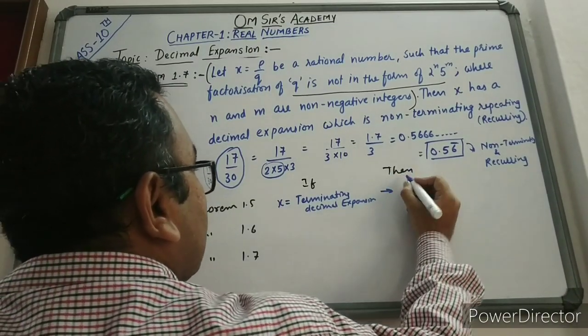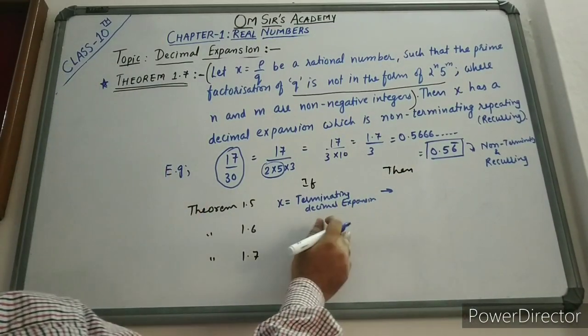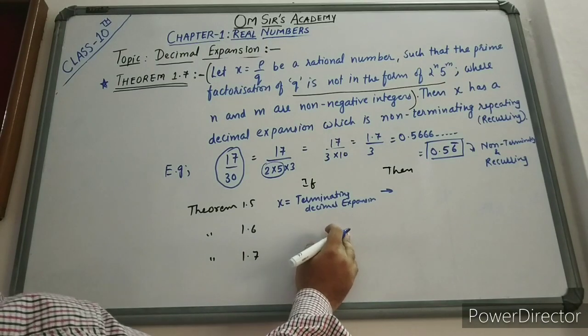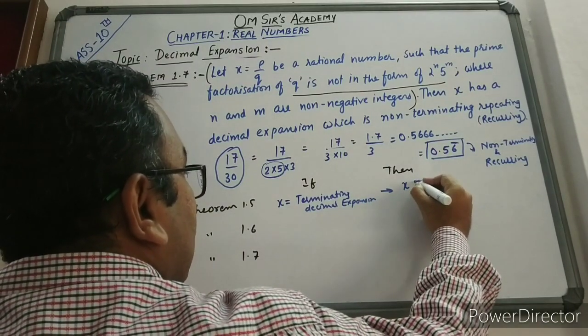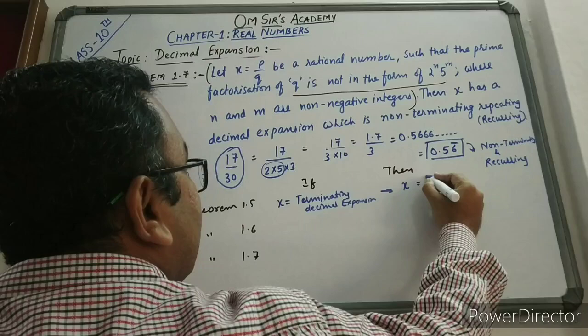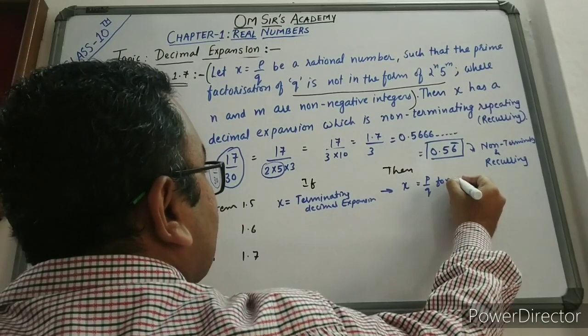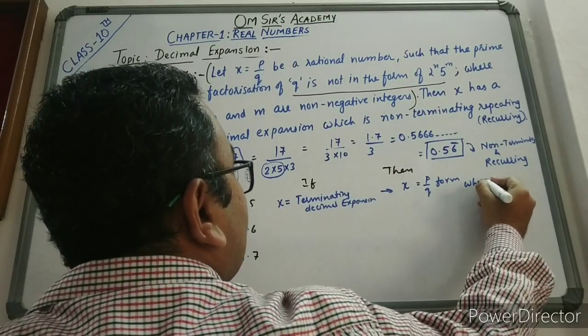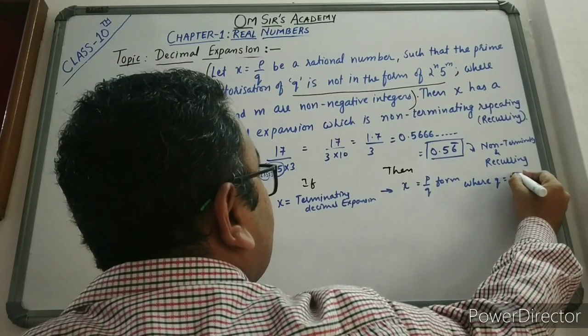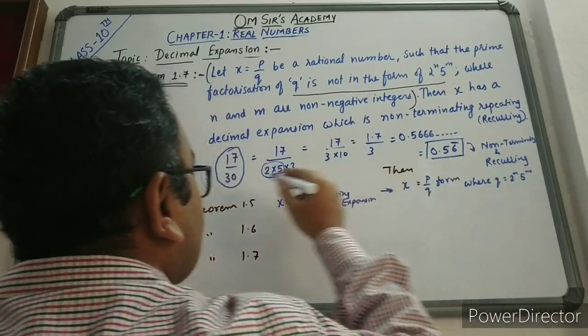Then we can find that x can be represented in the form of p by q, where q will be in the form of 2 raised to n and 5 raised to m. Is it clear?